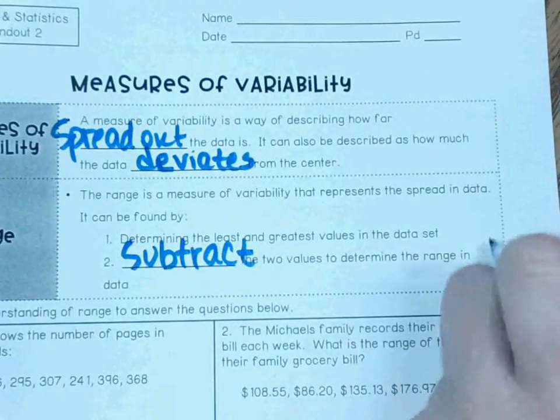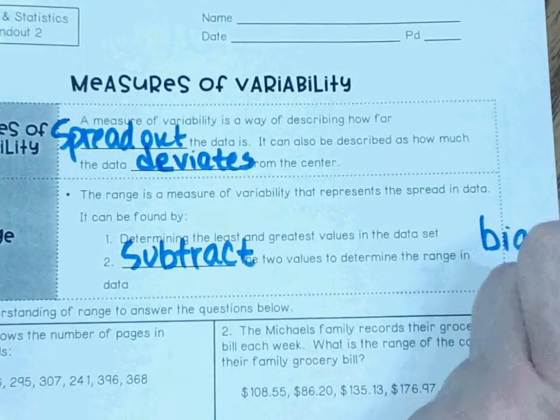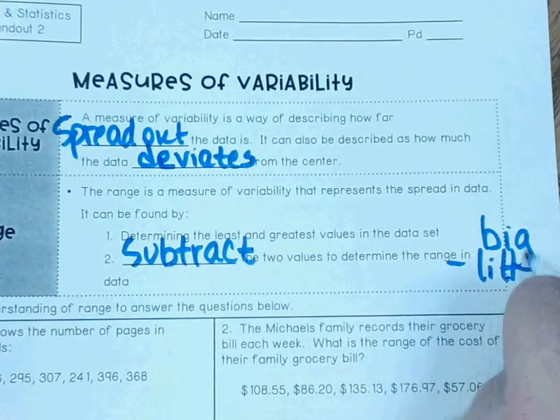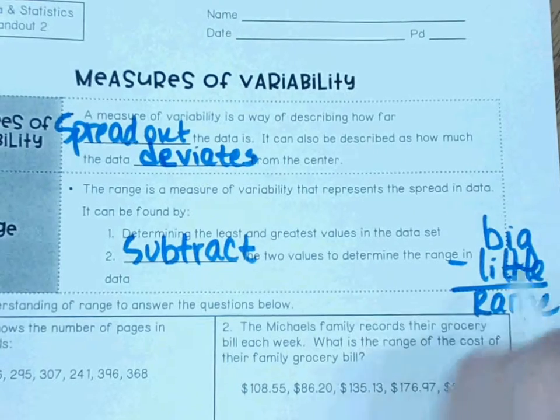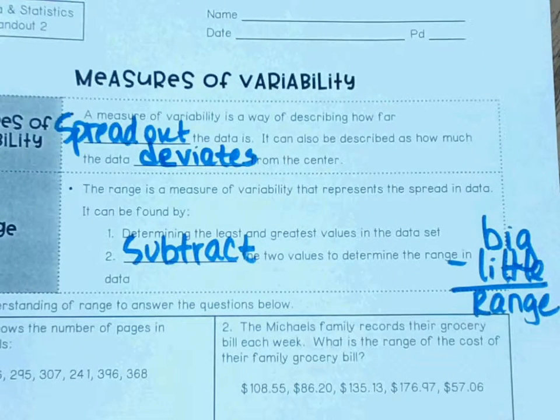So in other words, we can say big minus little. That's going to give you the range. Okay? So big minus little is range. It's the easiest one. You just look at all the numbers you have and you say, okay, which one's the largest, which one's the smallest, and subtract.